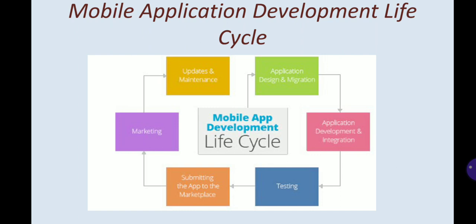Next is submitting the app to the marketplace. After we develop, we have to submit that application in the marketplace. Nowadays in the marketplace, many more mobile applications are available. If we make some restrictions on uploading applications on the App Store, it will reduce the congestion of applications.